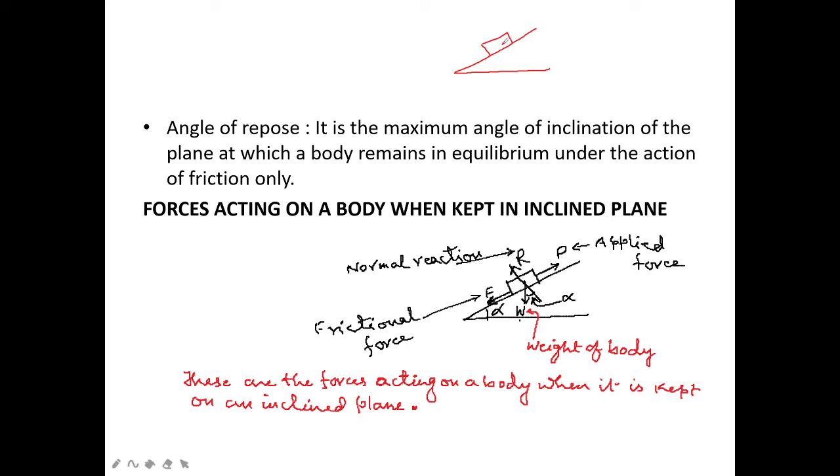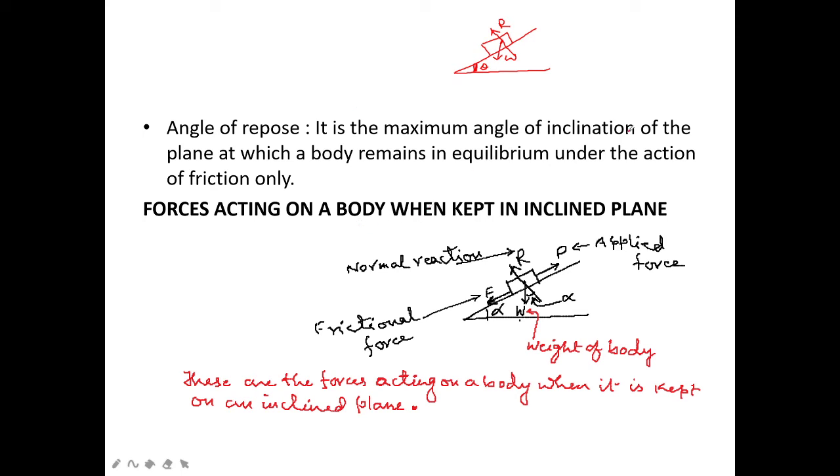Now if the body is in equilibrium due to friction only, the body is at rest due to friction only, then this angle of inclination of this plane is known as angle of repose.